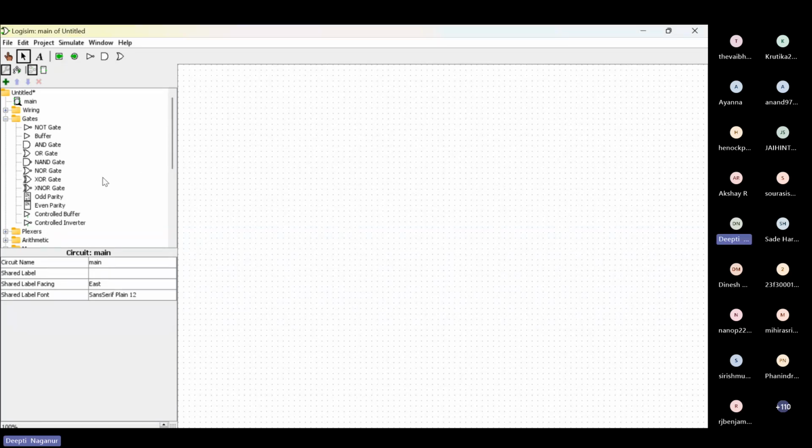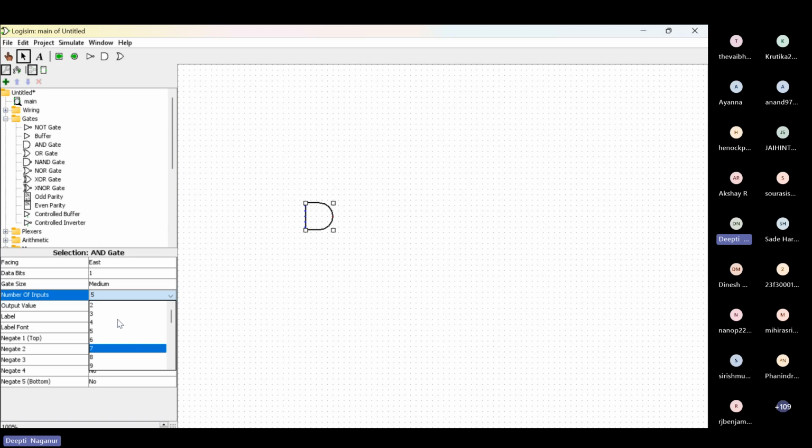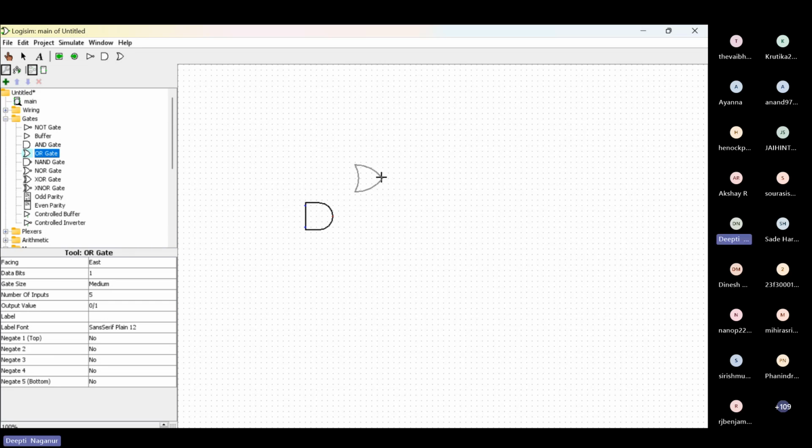For which first I'm going to take an AND gate, and this will have two inputs, and I'm going to take an OR gate, which will also have two inputs.